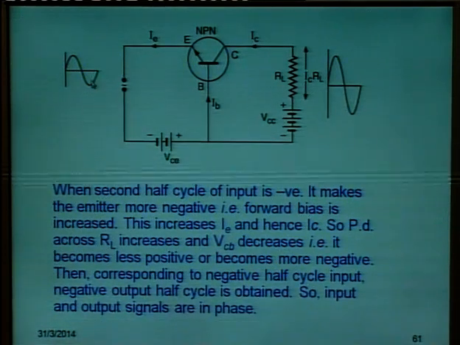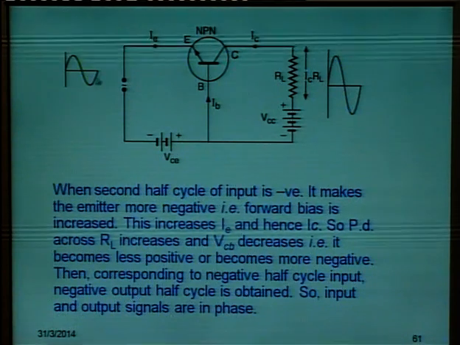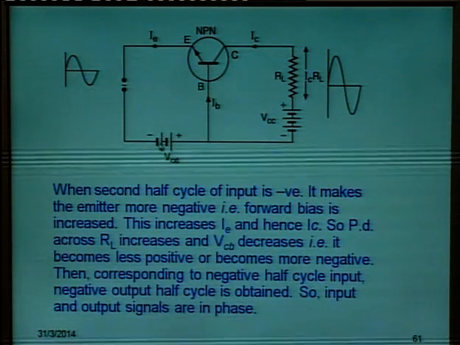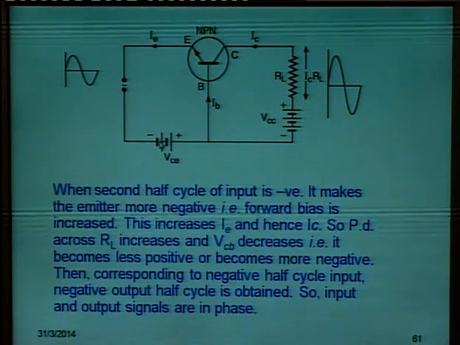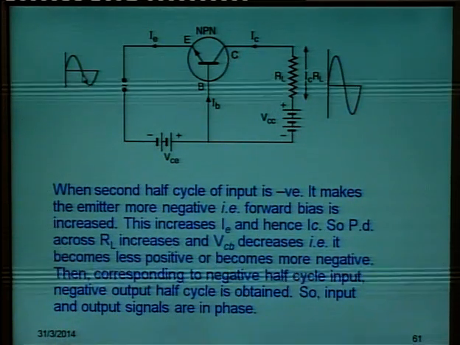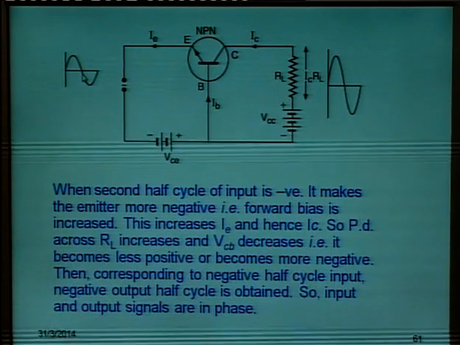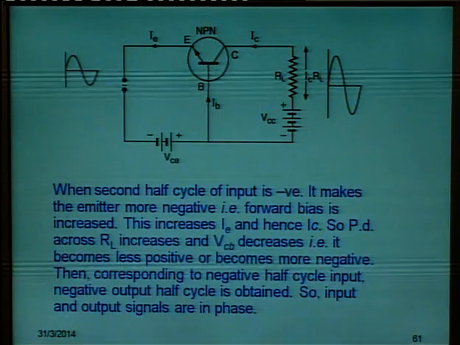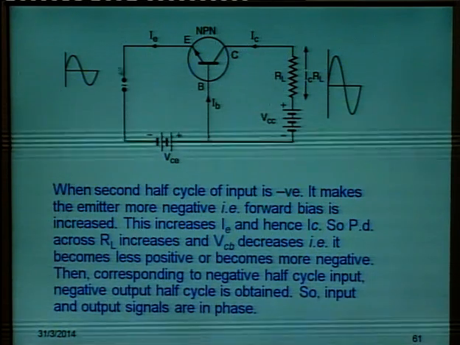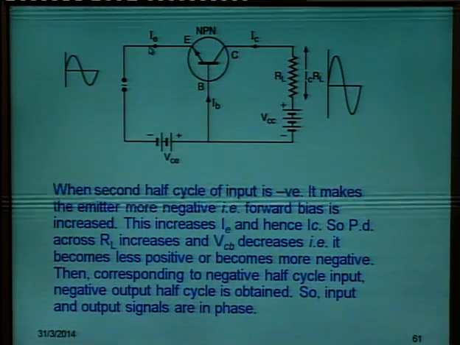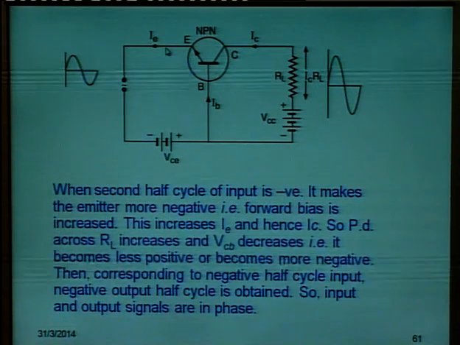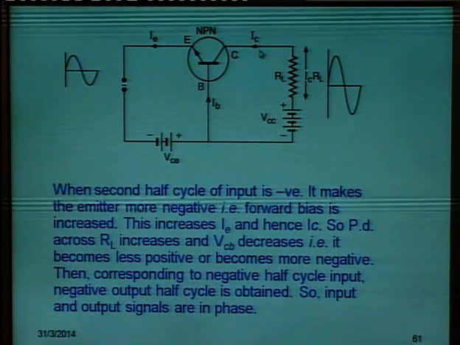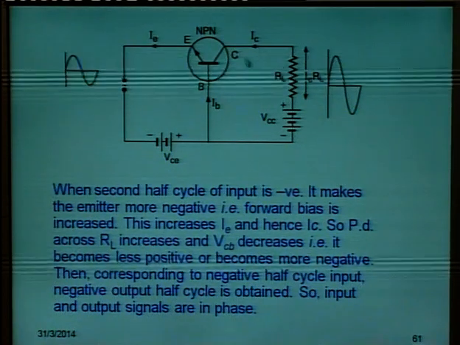Now, when the second half cycle of the input is negative, the emitter has already been connected to the negative terminal and you have put more negative voltage or current on it. So it will increase the forward biasing. Increased forward biasing means emitter current has increased. If emitter current has increased, collector current has also increased.